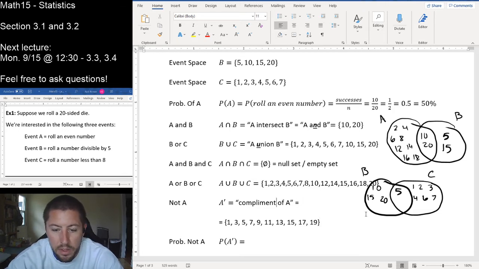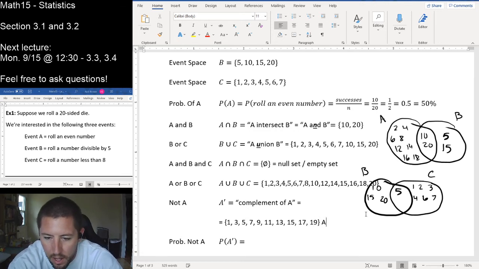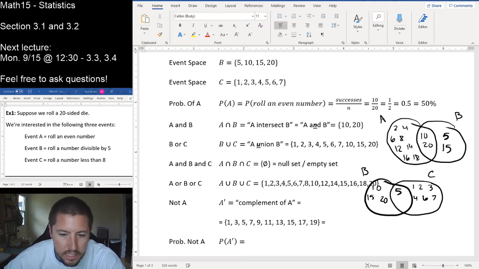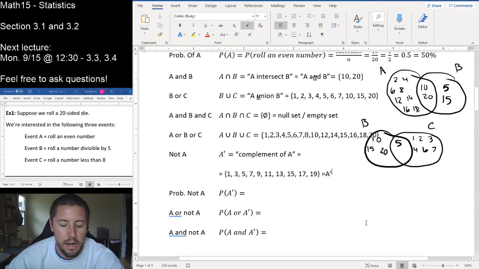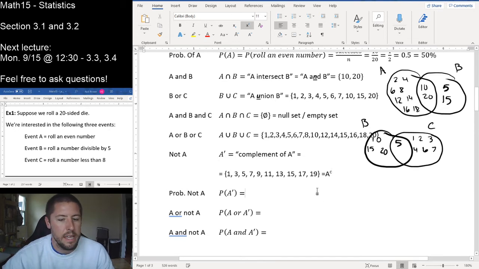The complement, with an E. Gotcha. And using an upper C is also a typical thing to do instead of that prime notation. It's certainly another notation out there for the complement, some way to indicate that it's the other stuff out there, right? In this case, we could say that it's the odds.